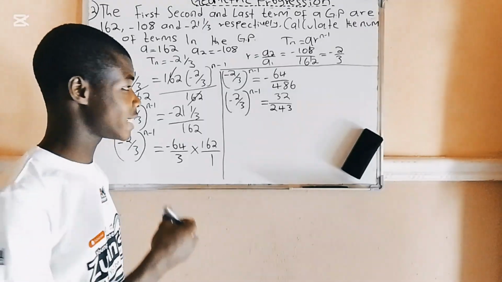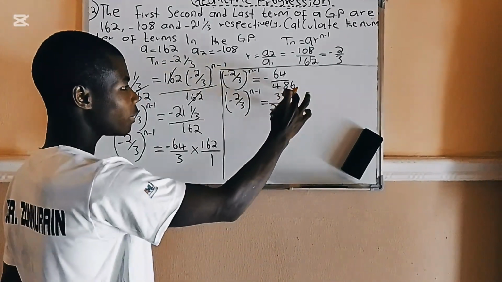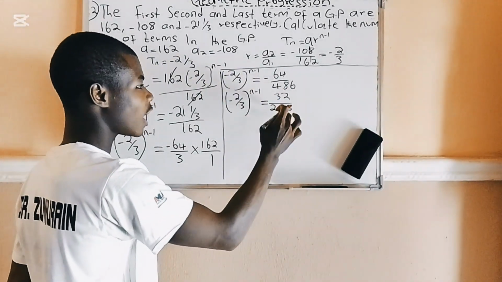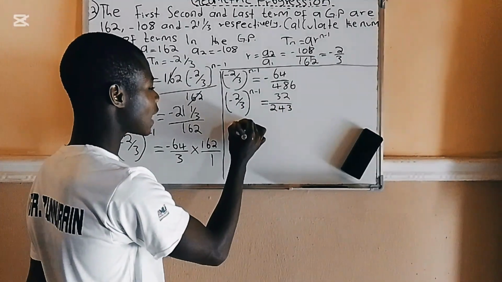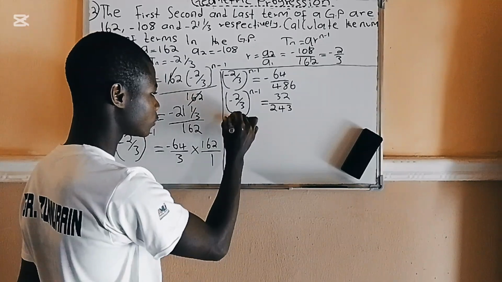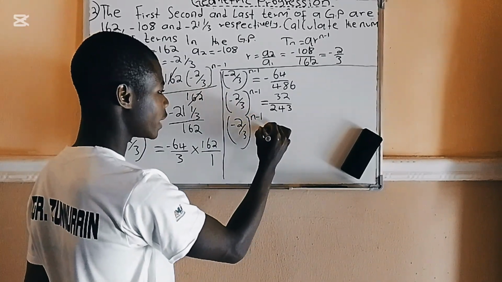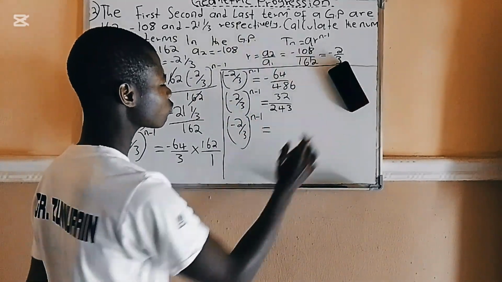What I mean is that I have to make this 32 to be 2 and 243 to be 3. So minus 2 over 3 to the power of n minus 1 will be equal to.